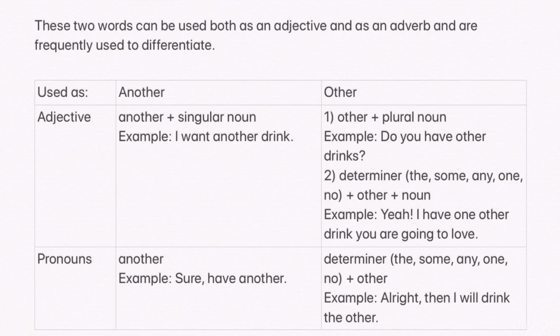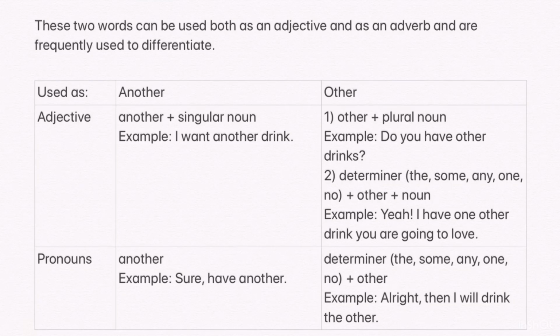The determiners are the, some, any, one, no. Estos te dicen cantidad. El, algunos, uno, ninguno. Alright? Plus other, then a noun. An example would be, yeah, I have one other drink you're going to love. Sí, tengo otra bebida que te va a encantar.